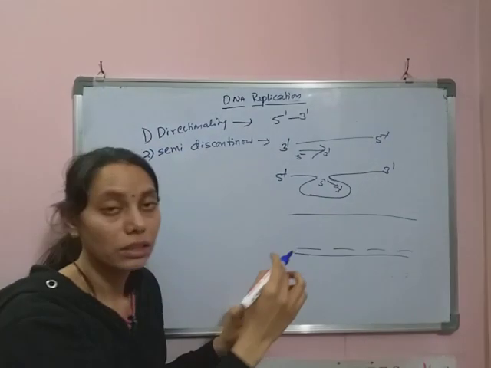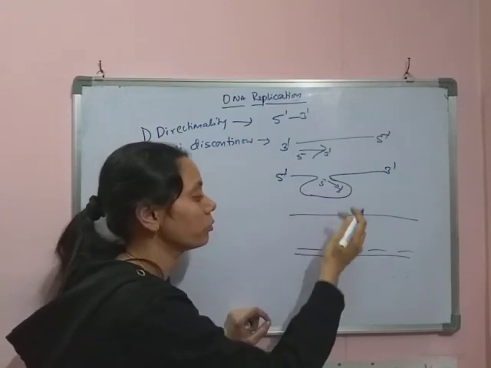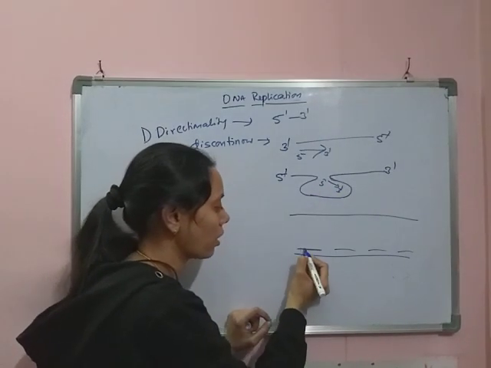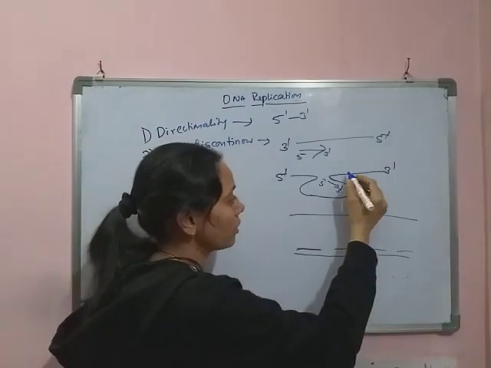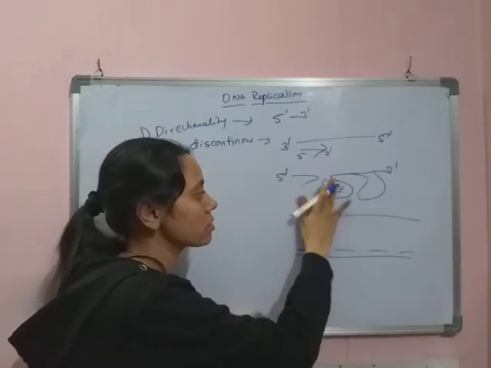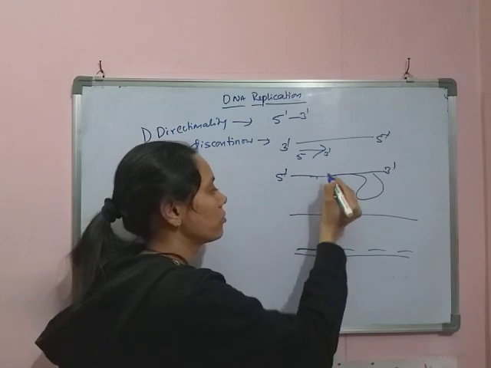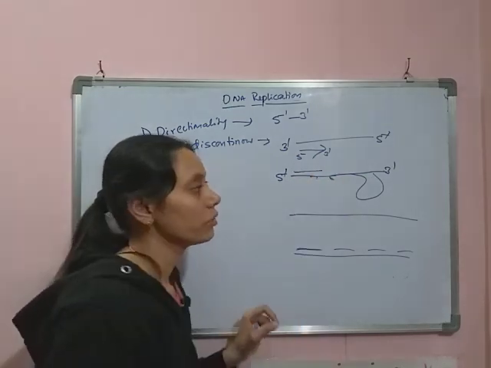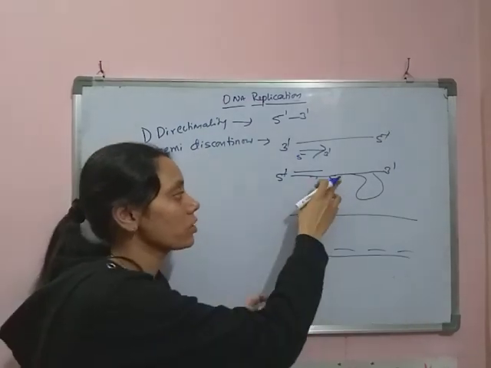Once the DNA is replicated in this small localized loop, the loop will be dissolved, and the newly synthesized small part of DNA will be incorporated into the growing chain.